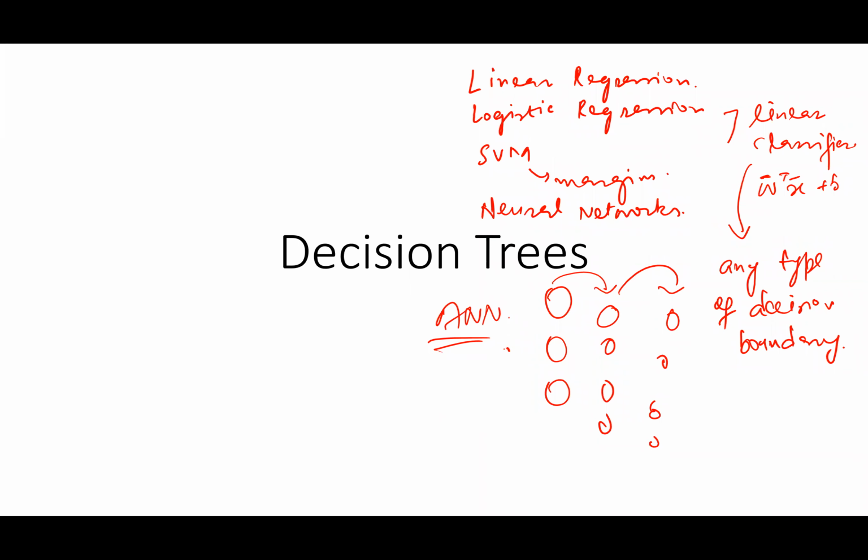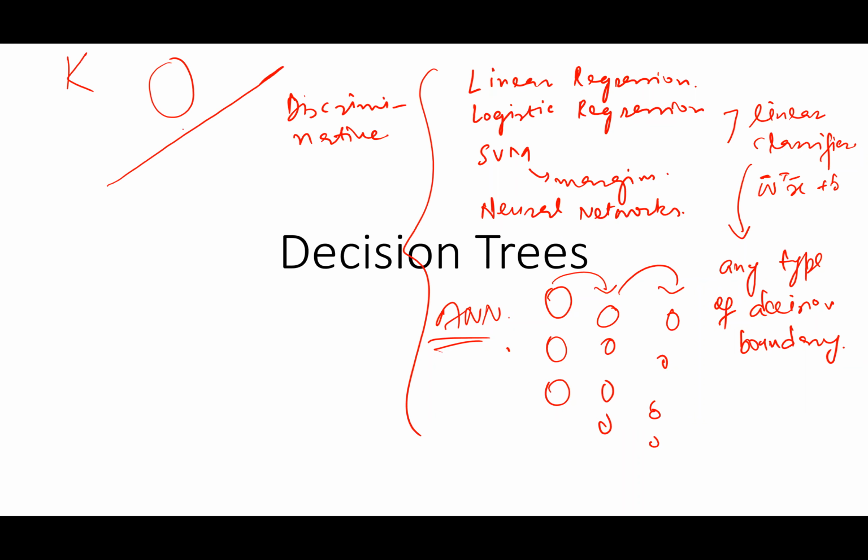Now today we are going to see a very different type of algorithms, and mind you, all of these algorithms are discriminative in nature. What does discriminative mean? It means that we have k classes, but we are not interested in understanding the property of each class. Rather, the only thing we are interested in is the decision boundary between them.